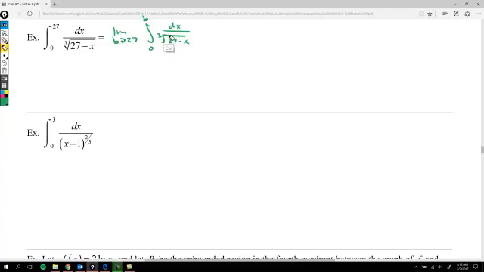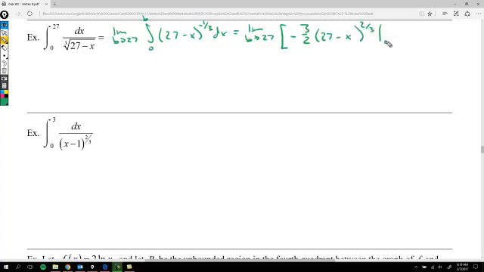Or if you want to write it as 27 minus x to the negative 1/3, that's also fine. So I'll evaluate my limit. And if you're uncomfortable doing this in your head, then you can use the u-sub and go for it from there. But you should get this.